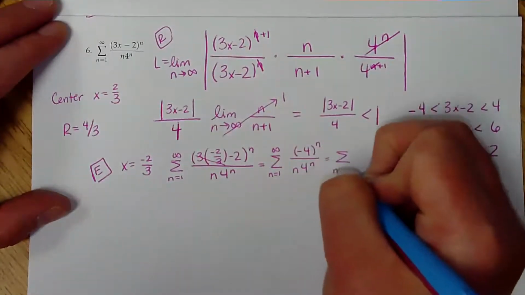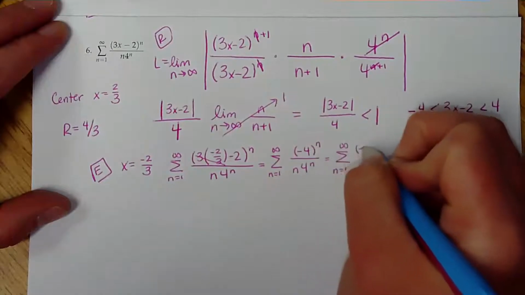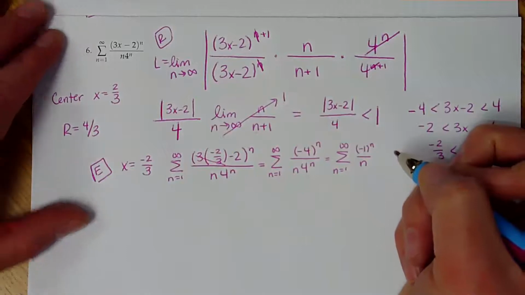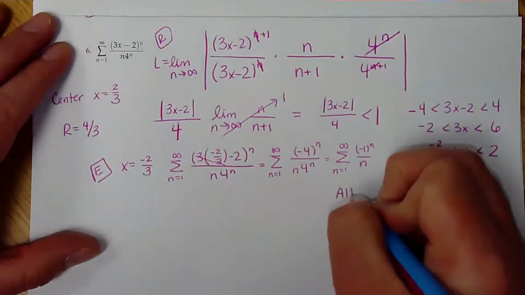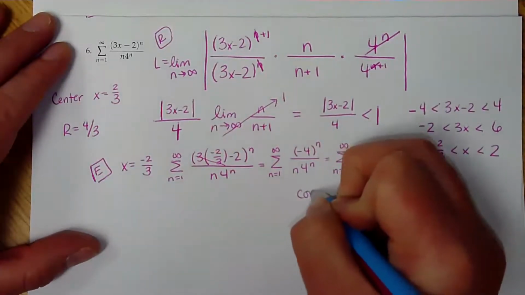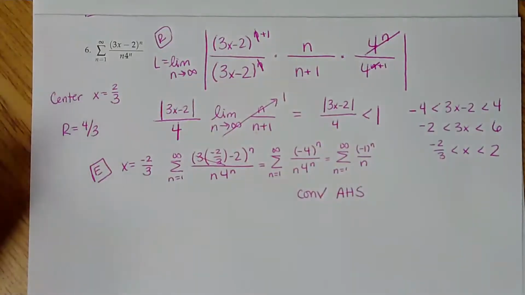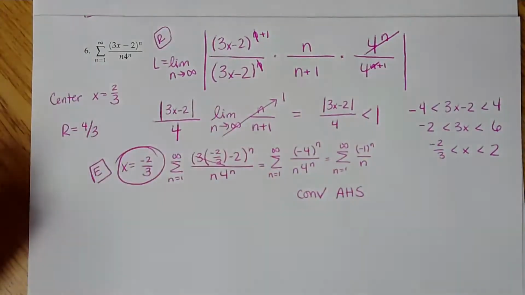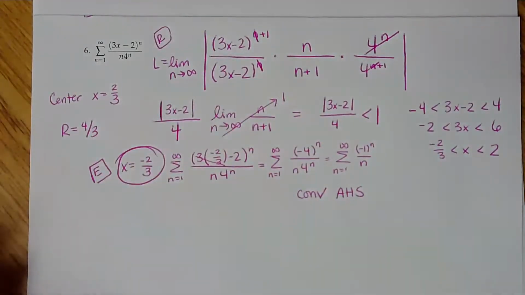So we get n equals 1 to infinity of negative 1 to the n over n. And hopefully you recognize that as the alternating harmonic series. So we can just write that that is the convergent AHS for alternating harmonic series. And that means we are going to include this endpoint of negative 2/3.